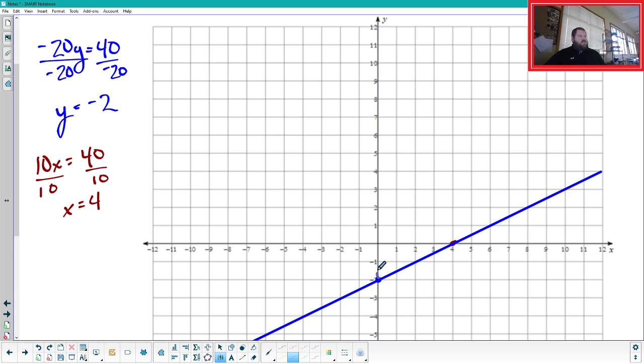If I look at the slope of this, I notice it goes up 1, 2, and over 1, 2, 3, 4. It goes up 2 and over 4. And if I write that as a slope, 2 over 4, I'm going to get a slope of 1 over 2.